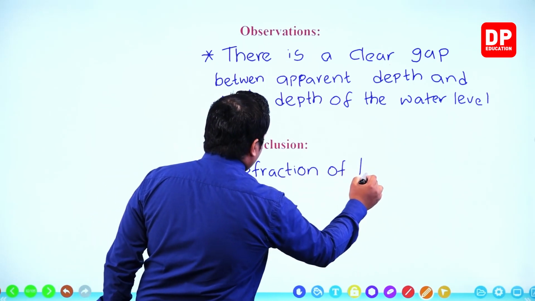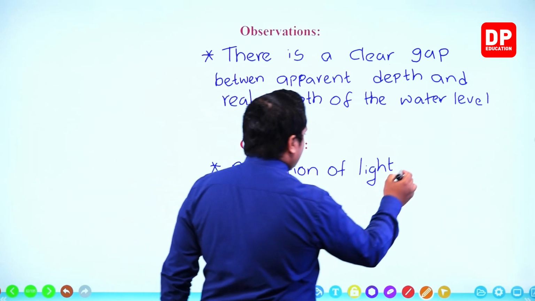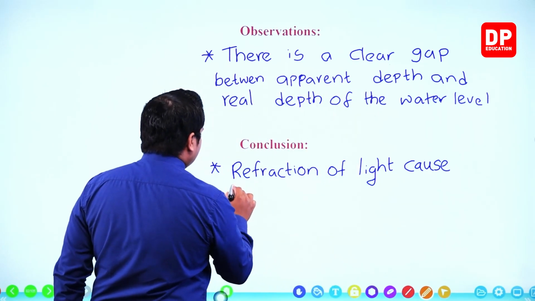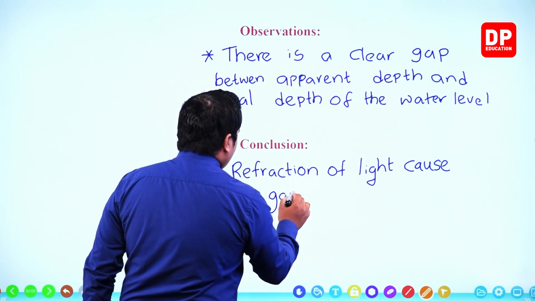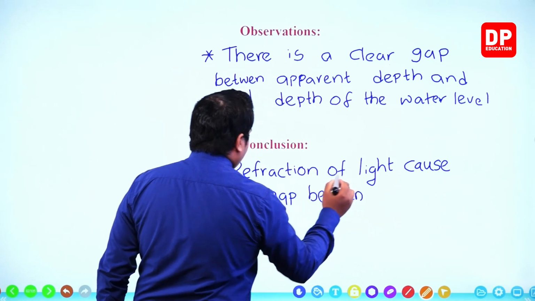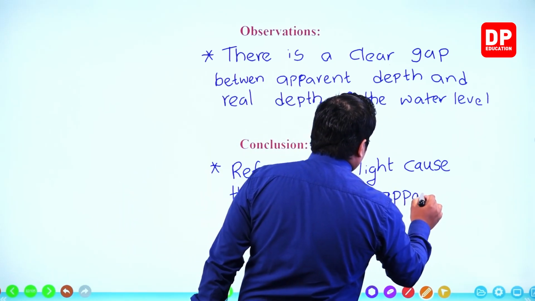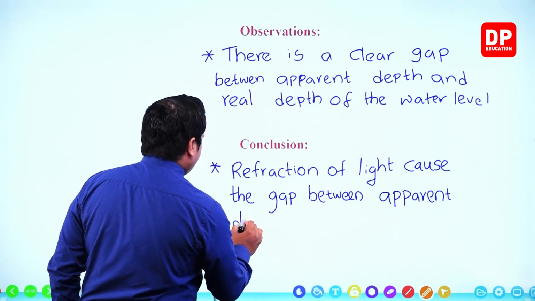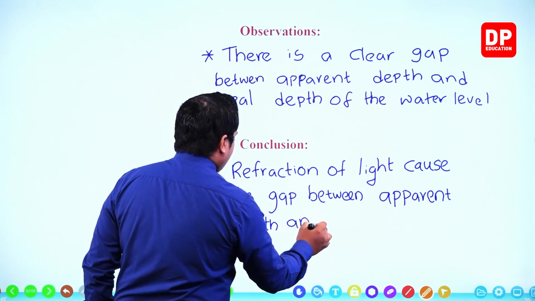Refraction of light causes the gap between apparent depth and real depth.